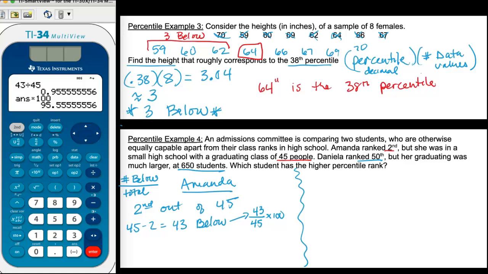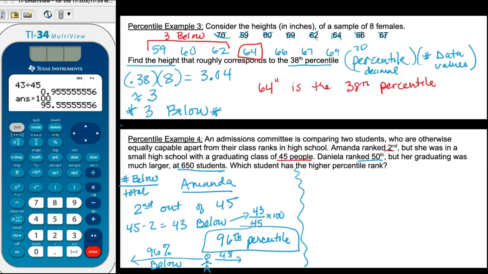So this rounded to the nearest whole number would be in the 96th percentile. So that means Amanda scored above 96% of other students. So 96% are below her and only 4% are above her. So she did really well.